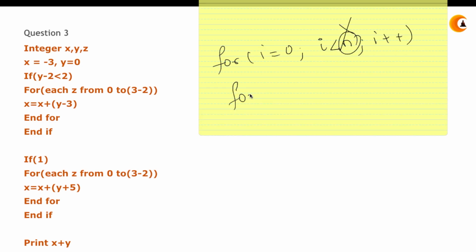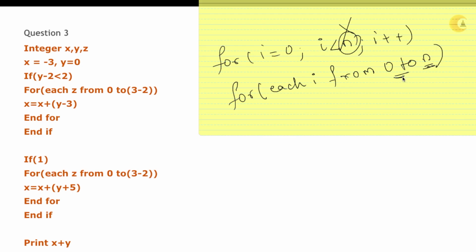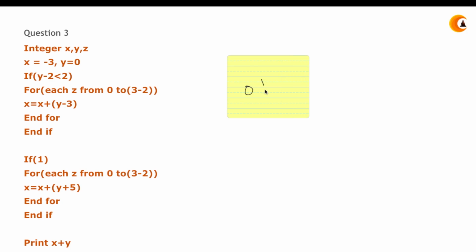But if it is written in the form of words, like here, for each i from 0 to n, then this implies that n will be inclusive. That means this number is inclusive, okay. So the loop will run from 0 to n, that many times, okay.